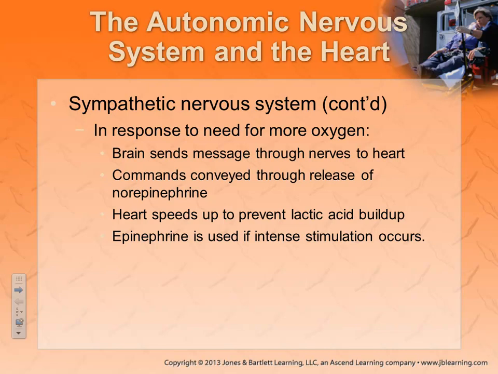So the sympathetic nervous system, the way that it's engaged is that the chemoreceptors in the body are what is going to activate the sympathetic nervous system. They're going to tell the brain, hey, we're getting low on oxygen. You need to speed the heart up so that it will start going faster and will increase cardiac output.